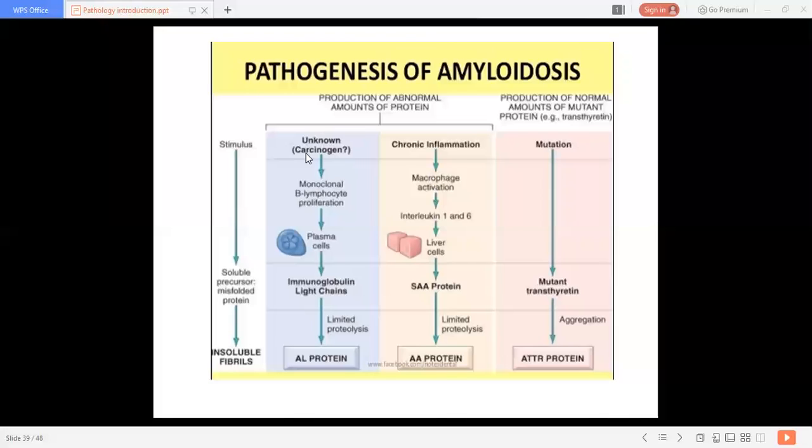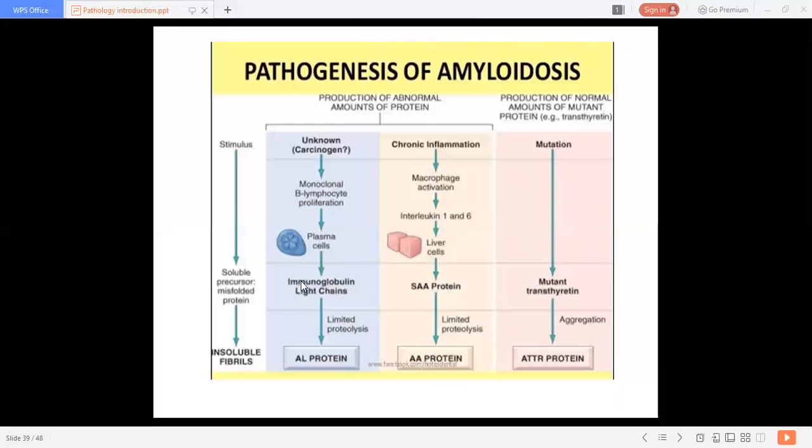After that, there is monoclonal B cell proliferation. This proliferation stimulates plasma cells and B lymphocytes, so there is formation of immunoglobulin light chains, either lambda or kappa chains.